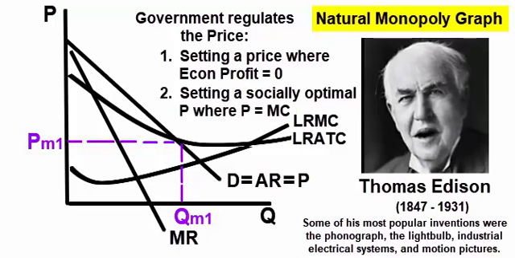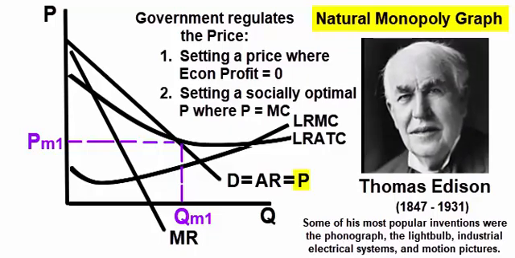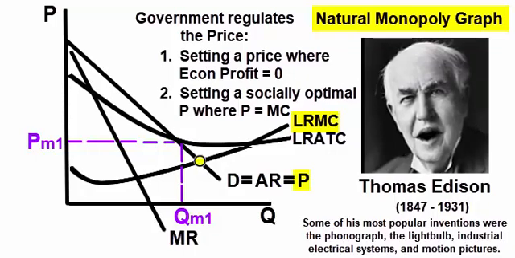Number two, setting a socially optimal price and quantity determined where P is equal to MC. Notice what happens to each of the following.